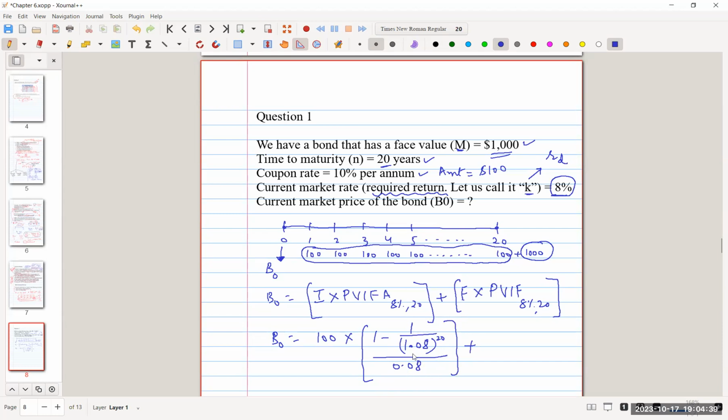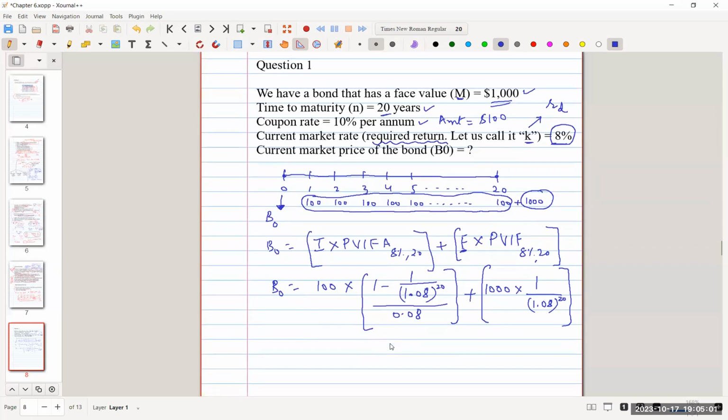You can calculate it like this, or look it up in the table, or the simplest is to use the financial calculator though. Face value $1,000 multiplied by the present value interest factor of $1, which is this. And just add the two up. That's the price of the bond.